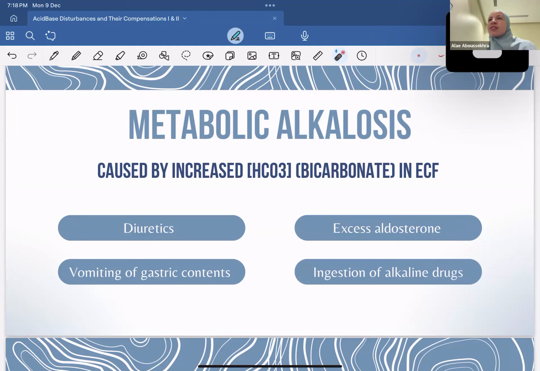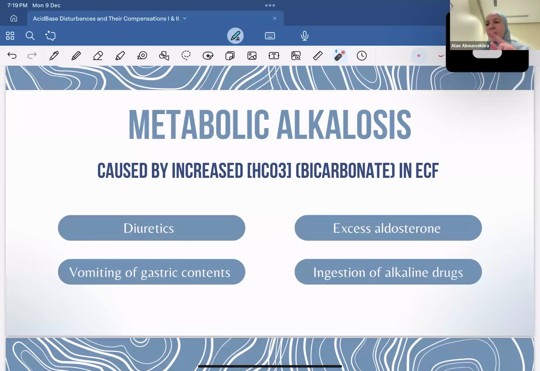Diuretics cause excretion of hydrogen and an increase of reabsorption of bicarbonate. Other causes are excess aldosterone and vomiting of gastric content. So basically, when you're vomiting, you're removing acid, so that's going to cause alkalosis. Ingestion of alkaline drugs too. So all of these conditions cause metabolic alkalosis.